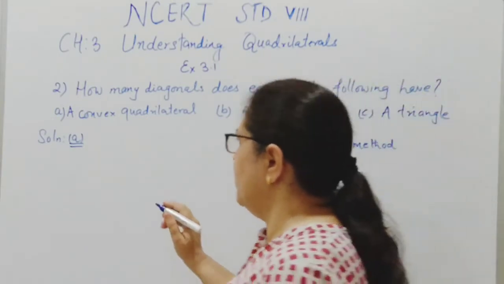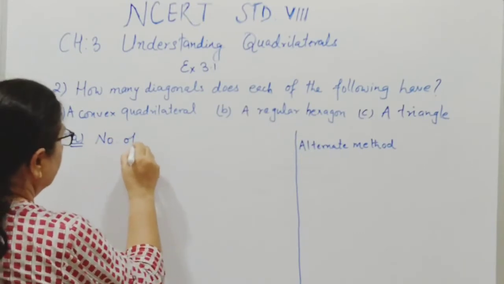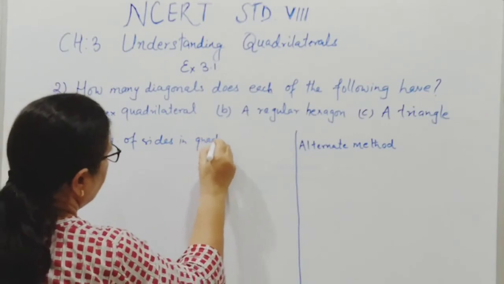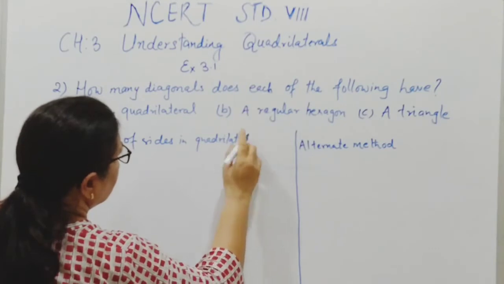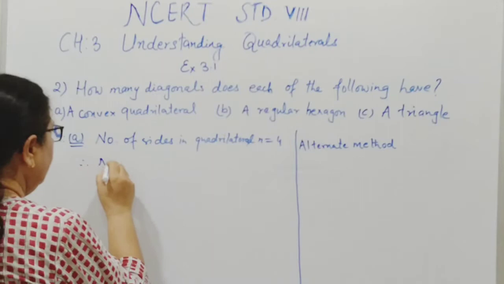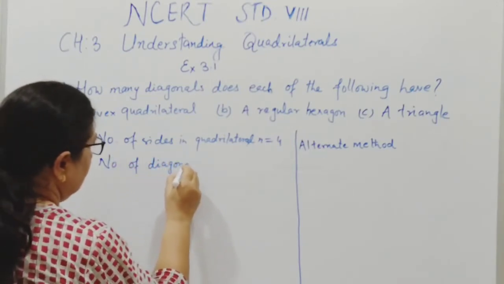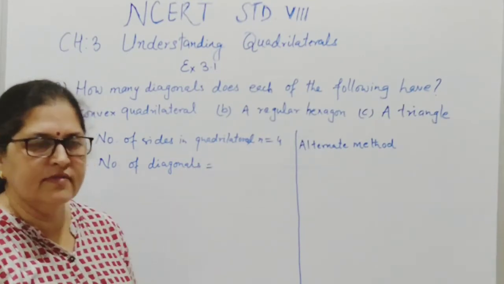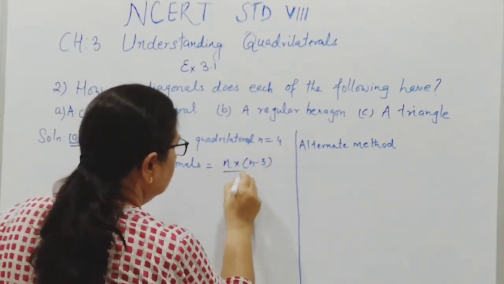So we know that the number of sides in a convex quadrilateral is n equal to 4. Therefore, the number of diagonals, we know that the number of diagonals in a polygon is given by the formula n into n minus 3 upon 2.